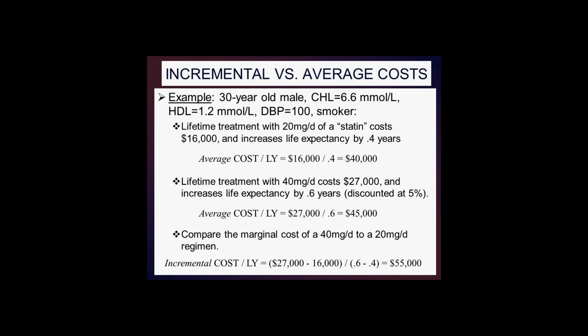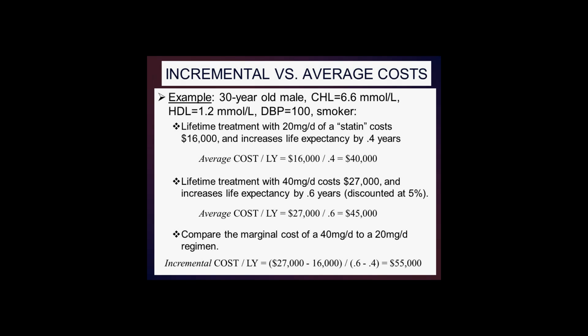So I've got treatment with a statin for a 30-year-old male with a certain profile. I can treat him with 20 milligrams or 40 milligrams, right? If I treat him with 20 milligrams, then the average cost per life year gained is about $40,000. So it costs $16,000, I get 0.4 years of life, so about $40,000. 40 milligrams at $27,000 buys me 0.6 years of life.